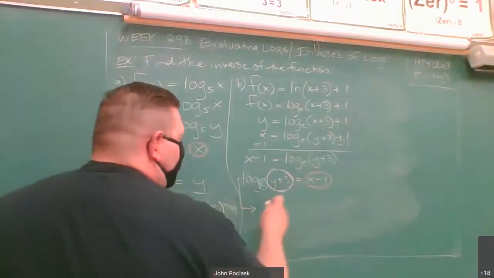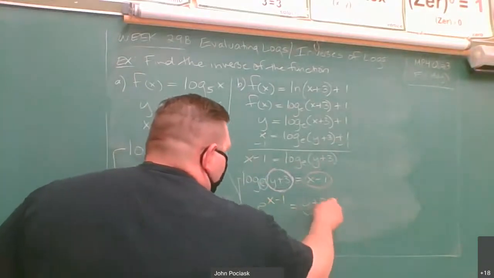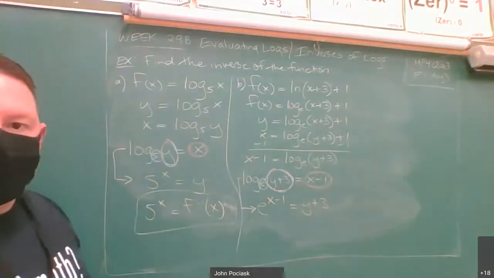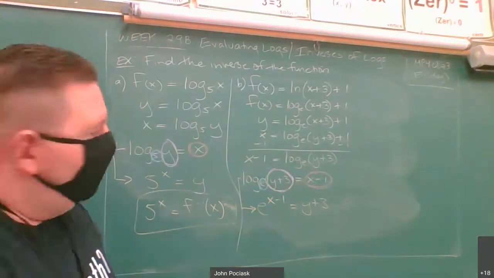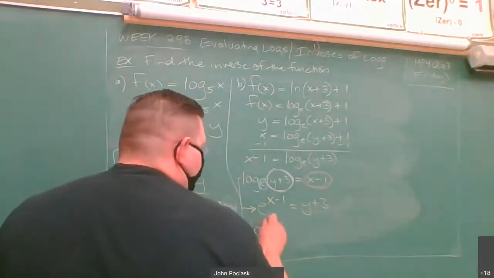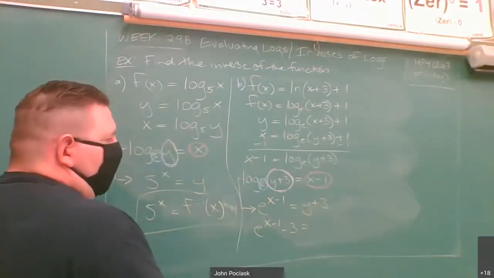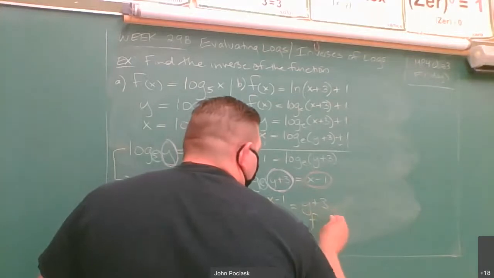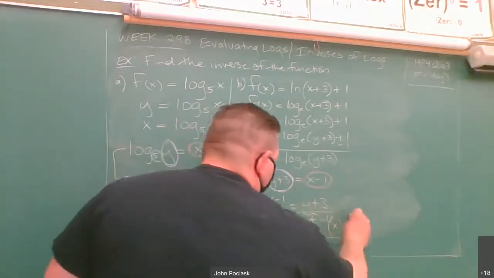So it's e to the x minus 1 equals y plus 3. And then you subtract the 3 over, and you're done. All right, so it would be e to the x minus 1, minus 3 equals y, which I'm going to write as f inverse of x. Okay, and that's it.